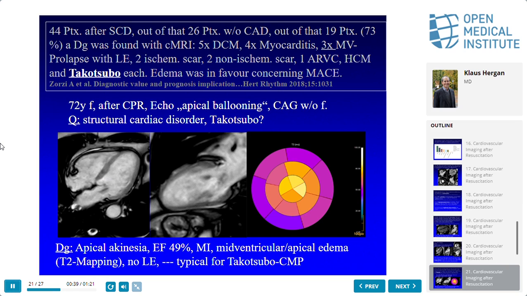And we found this apical ballooning in the contraction pattern with a very good contraction at the basal myocardium and segments. In the T2 map, we found this huge amount of edema in the apical area. And this is classic. Usually you don't find any late enhancement in these patients. It usually takes 6 weeks, and then they are recovered again and have no problems anymore.